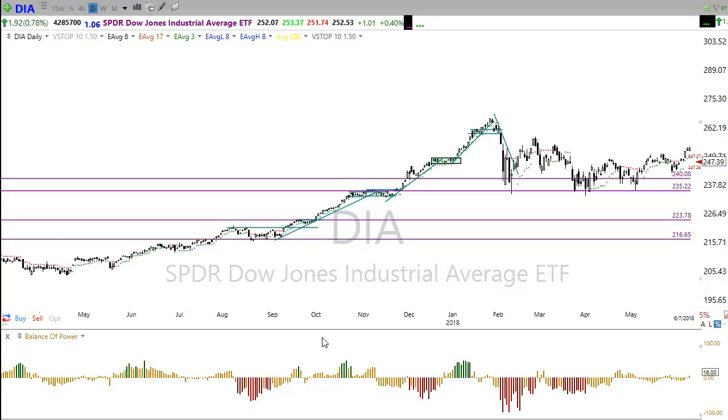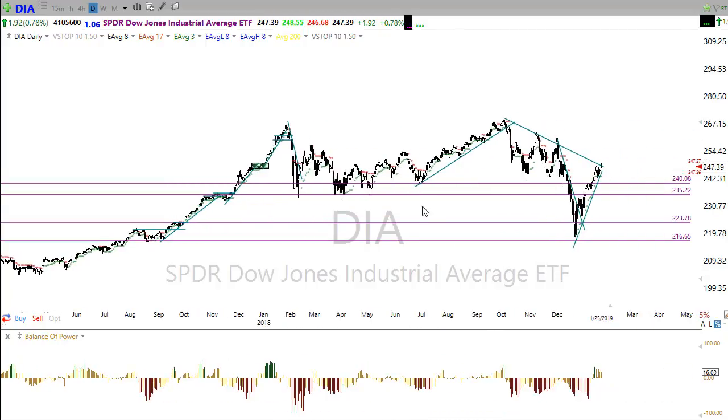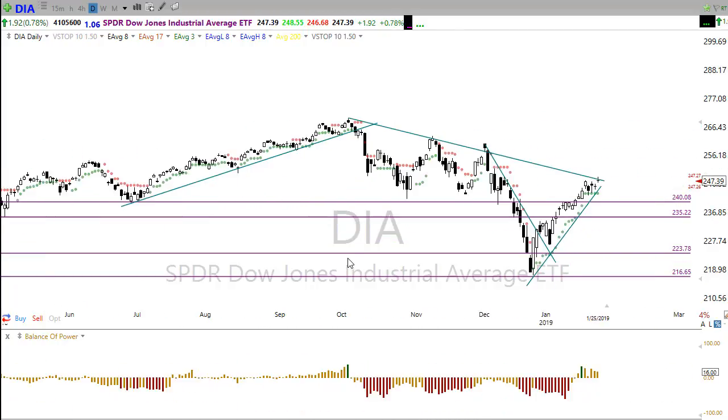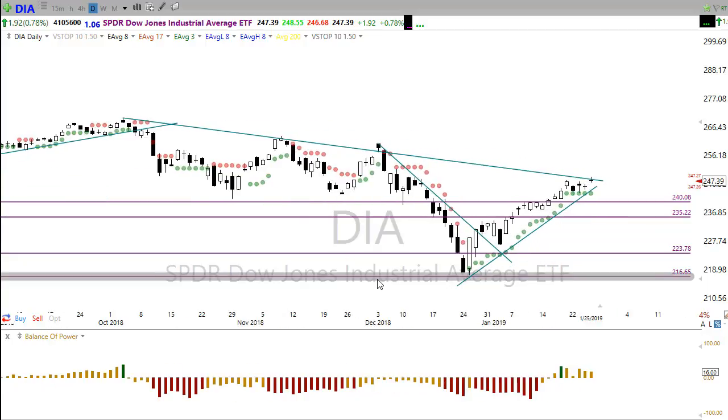So when you do your market evaluation, you have to make those decisions as to your confidence of what's going on. Why has the last couple of weeks been so good? Why has there been such great profits made in the last couple of weeks? Well, what's the stock market done? Here's the diamonds.